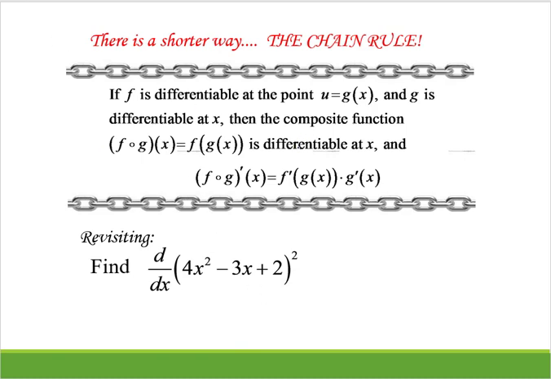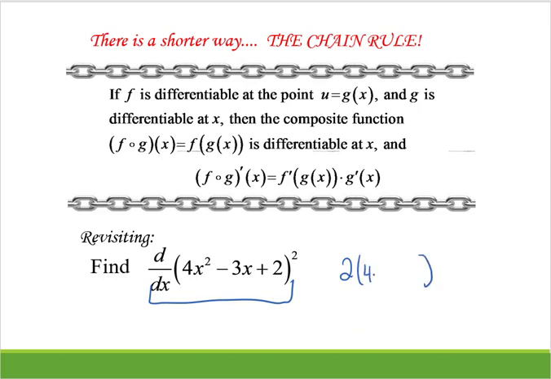So our chain rule, okay? When I have a composition of functions, it's the derivative of the outside function evaluated at the inside function times the derivative of the inside function. So now revisiting this problem, my outside function is something squared. So my derivative is 2 times something, reducing your power by 1.